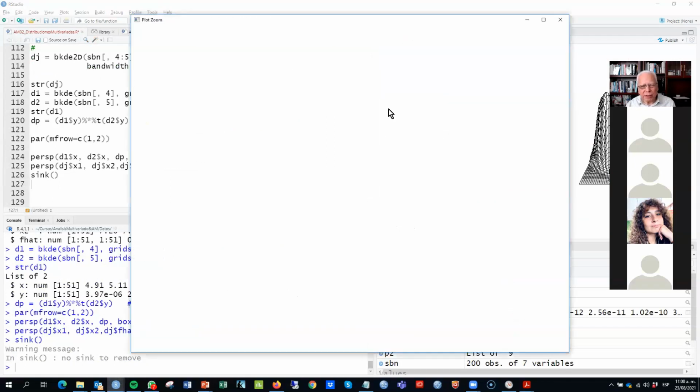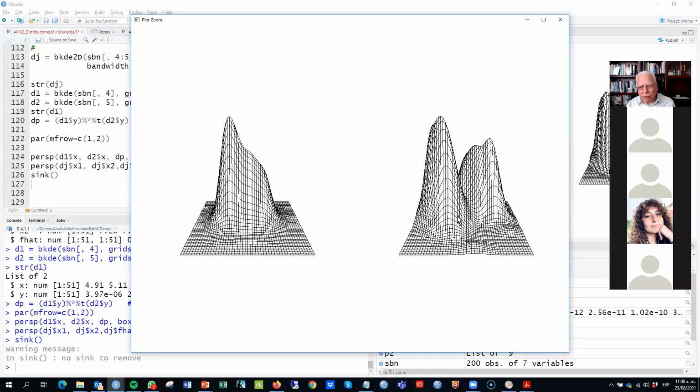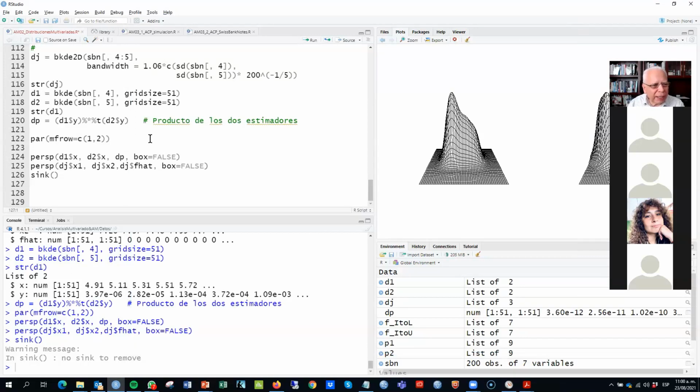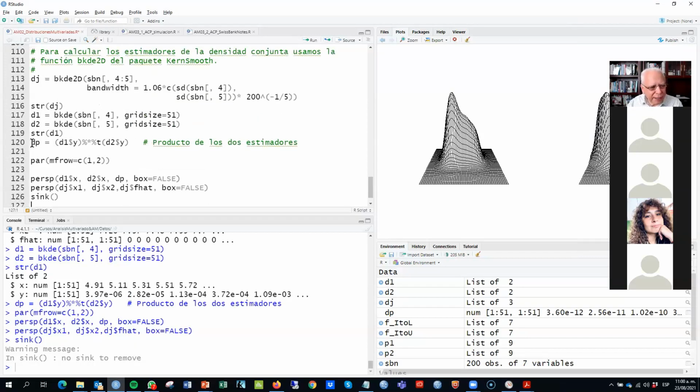Here are the two graphs that we saw. This is the joint, and this is the product of the two marginals. So as we saw, they are not independent. If you look here at what I did, d1$y has the marginal density estimate for the first variable, and d2$y has the vector of estimates for the y-axis for the second density.